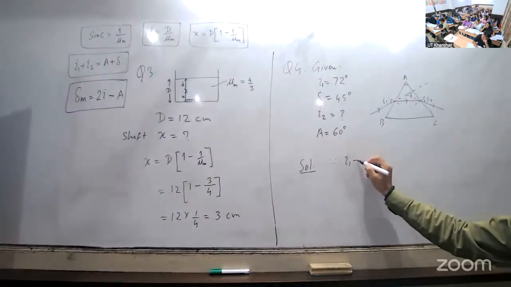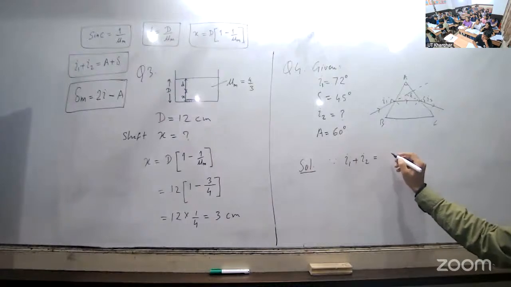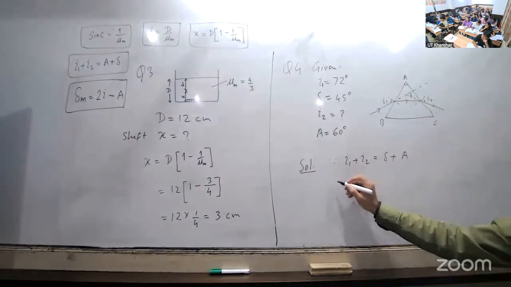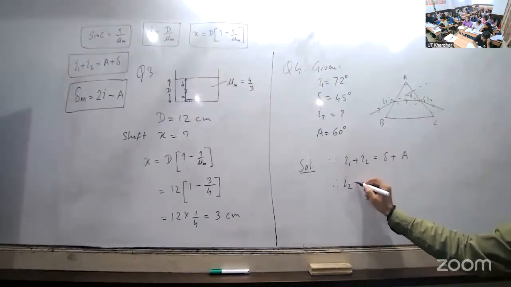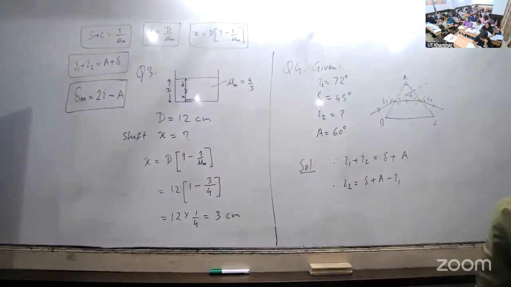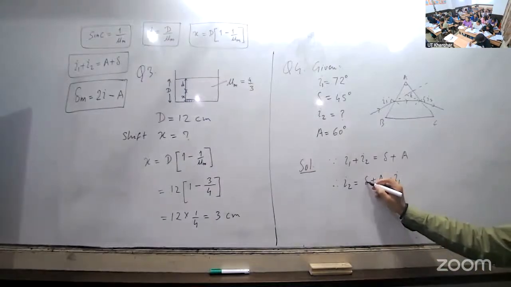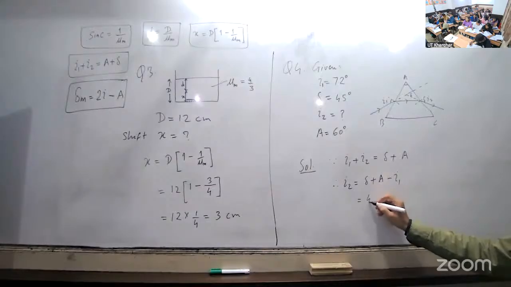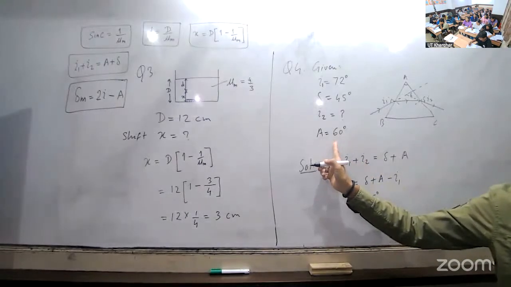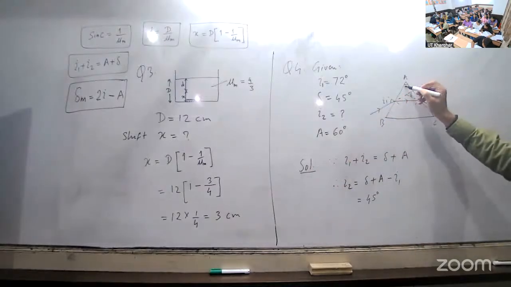Since I1 plus I2 is equal to delta plus A, what is I2? I2 is delta plus A minus I1. What is deviation? 45. Now it is given that it is equilateral prism, so all angles will be 60 degrees.